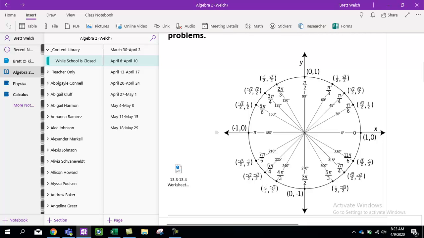It's not an issue. However, when we hit this 90-degree mark or this 270-degree mark, we end up with the y value 1 or -1 divided by the x value 0. And so what that means is that we're going to get an undefined value.